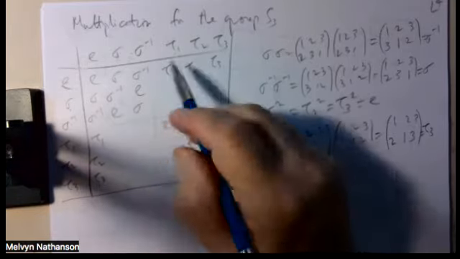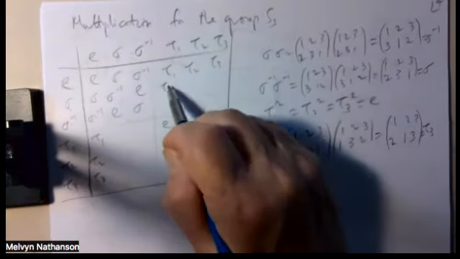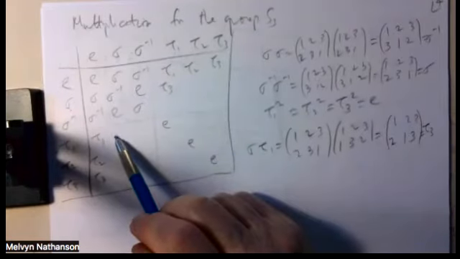Aha. So when I compose sigma tau 1, I get this permutation which fixes 3, but interchanges 1 and 2. That's what I call tau 3. So sigma tau 1 is tau 3.